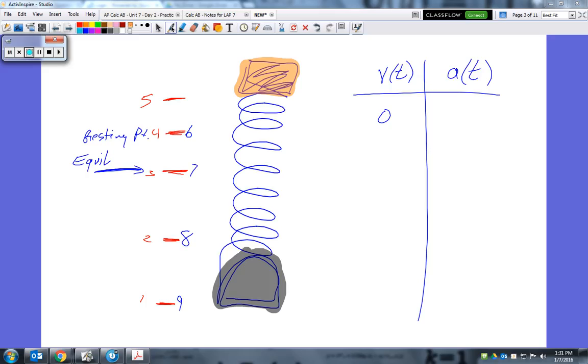What's the acceleration? Positive. Why is it positive? There's a force being acted on and it has potential energy. So it's ready to transfer into kinetic energy, which then it's going to catapult it into a positive direction. So that potential energy stored in the spring has a positive acceleration.